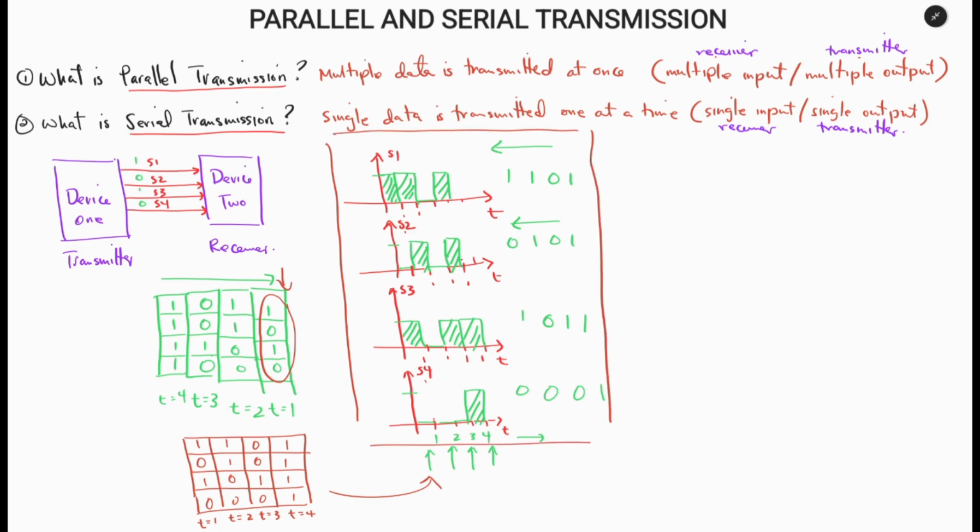And we all know that the data from the transmitter will be in this direction, and the data received at the receiver will be plotted in this direction. We can clearly see that this represents signal line 1, this graph represents signal line 2, this graph represents signal line 3, and finally this graph represents signal line 4.